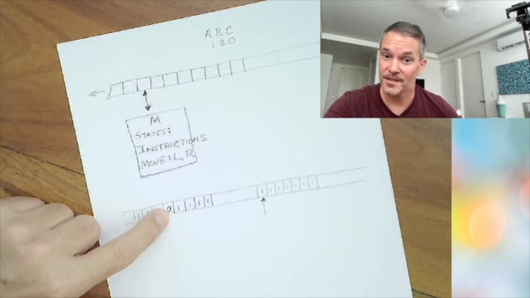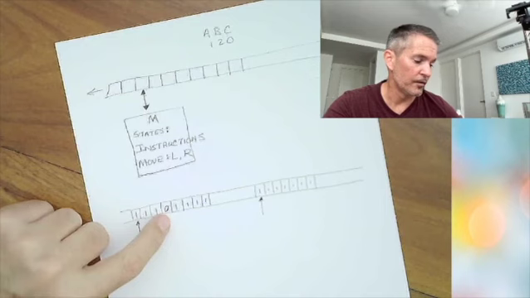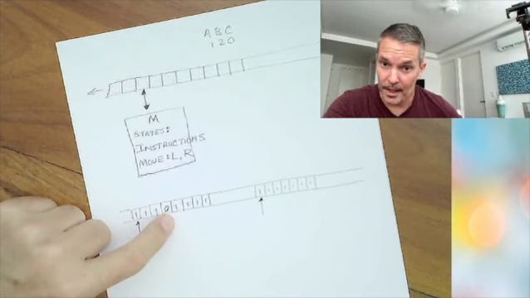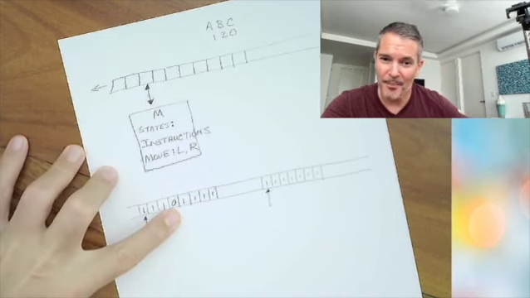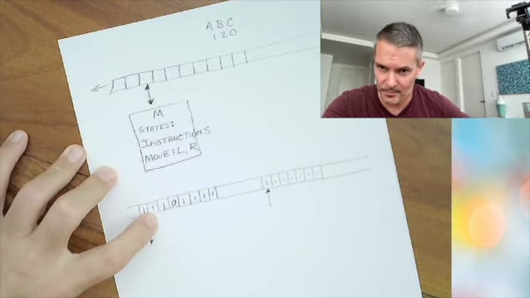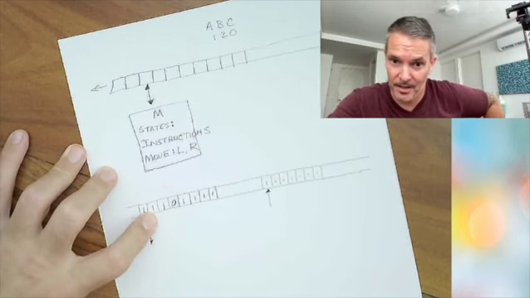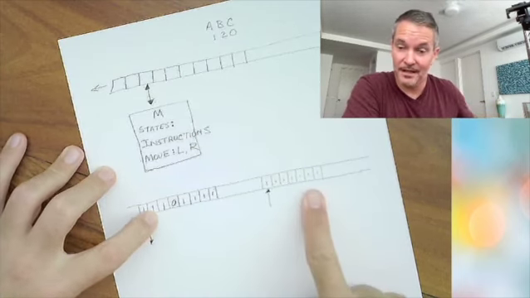When you encounter the 0, you're going to write a 1, and then you're going to return back to the starting place. And at that point, we will have changed the tape so that it looks like this.